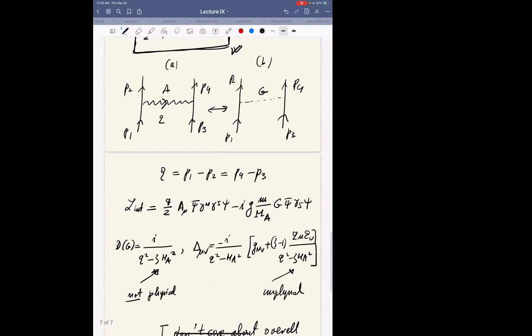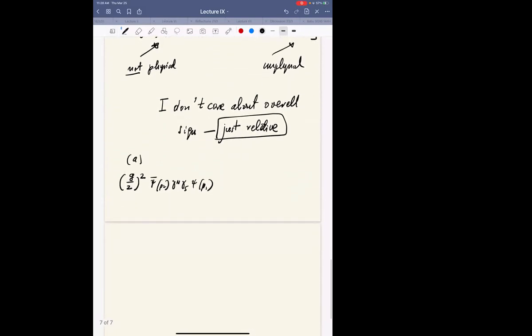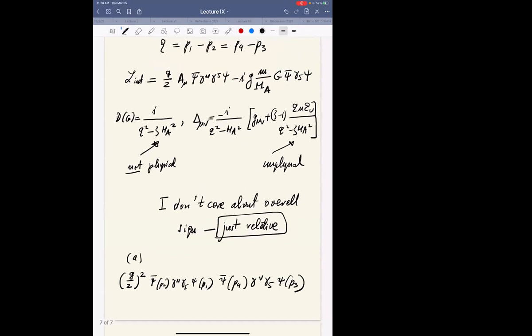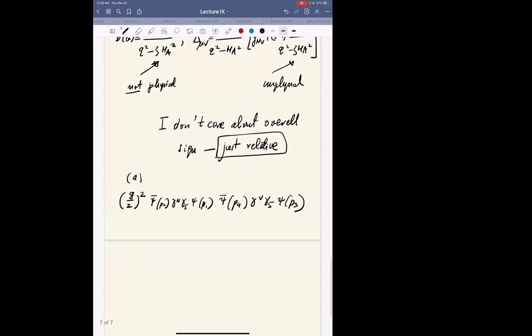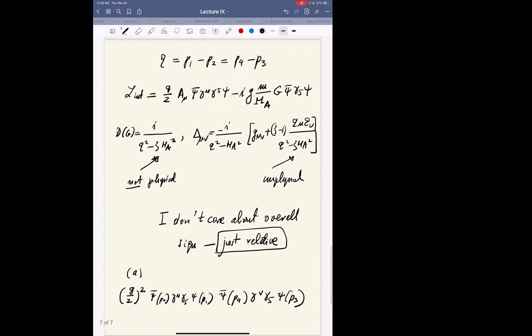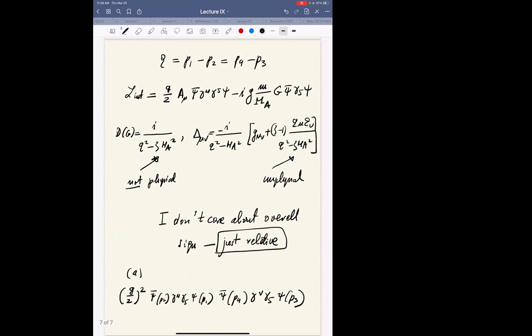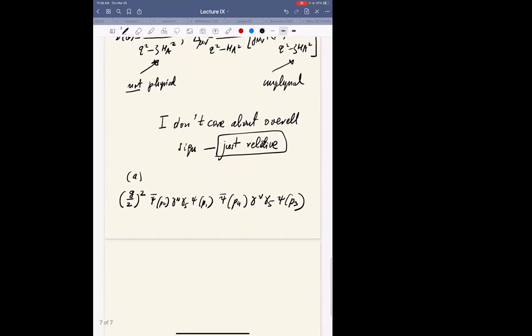There is also psi bar of p4, gamma nu, gamma 5, psi of p3. The product of my two terms times the propagator. I don't worry about the overall sign, but the relative sign. So I will remember that there is a minus sign here in the propagator, so I'm going to write minus 1 from the propagator.